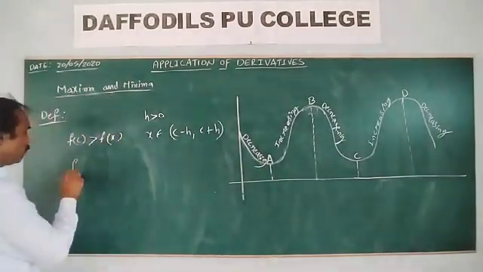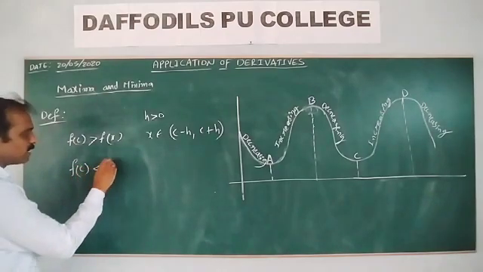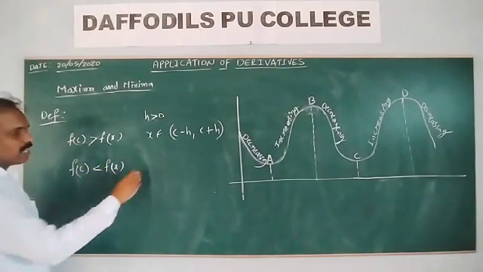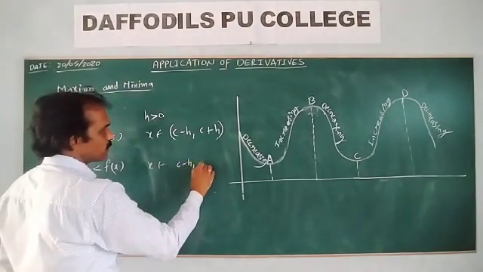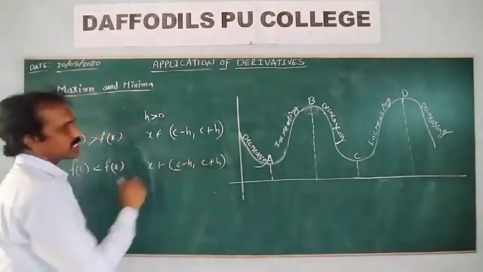Local minimum means f of C is less than f of x for all x belonging to C minus h, comma, C plus h, in this interval.